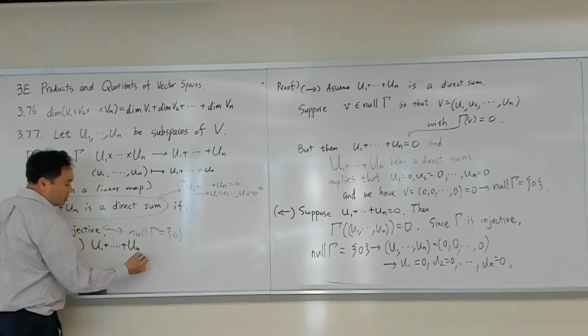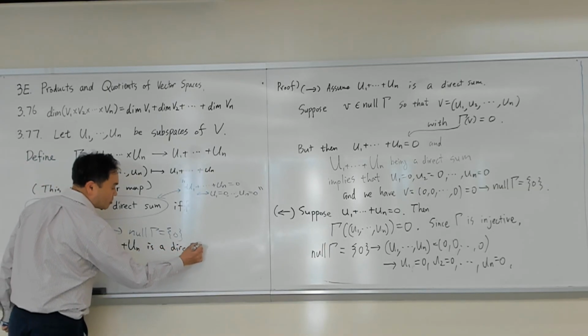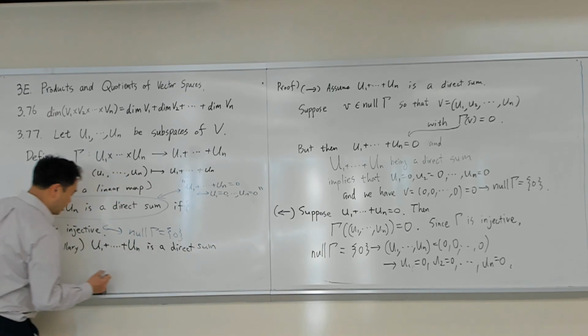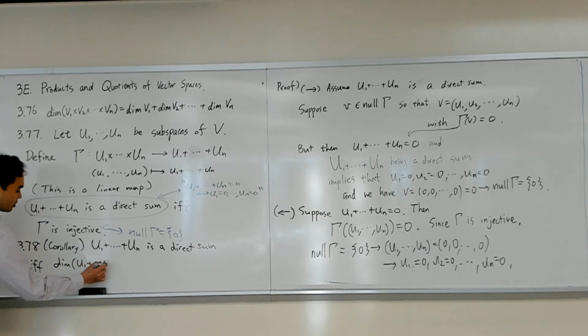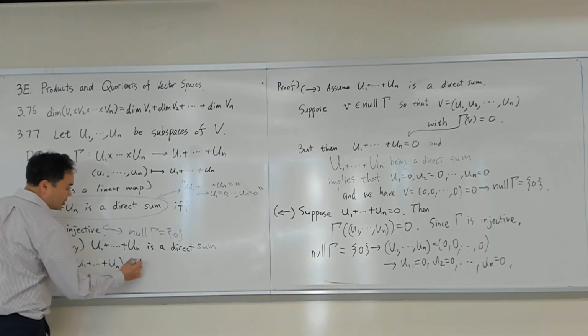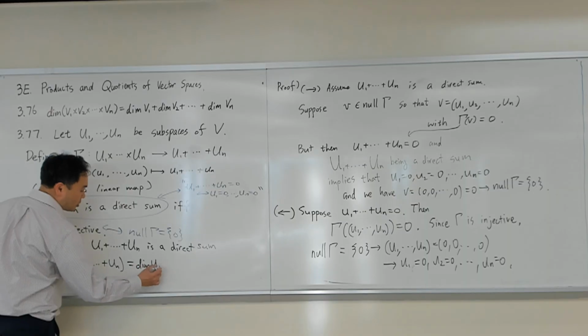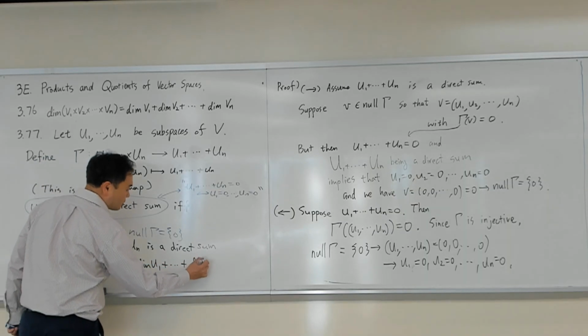U1 plus ... plus UN is a direct sum if and only if the dimension of U1 plus ... plus UN is equal to the dimension of U1 plus ... plus the dimension of UN.